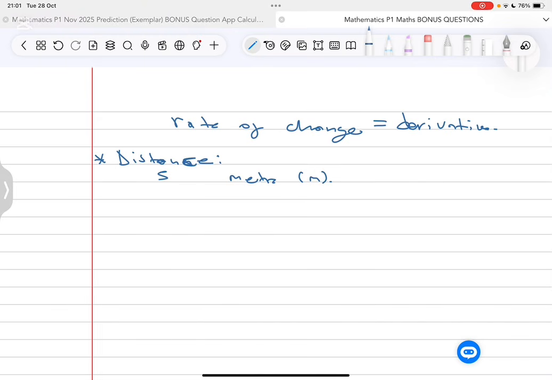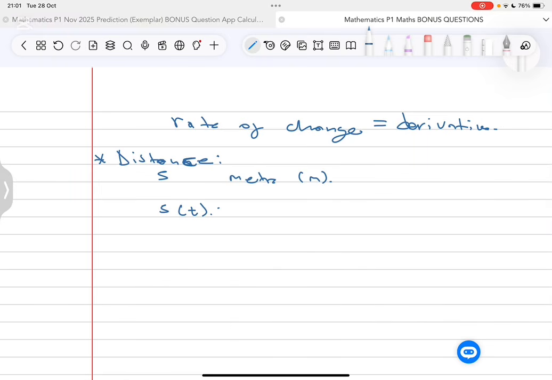Now, it is very important to understand that distance can change with respect to time. In other words, I can write it as a function of time. As the time changes, the distance changes. This is a very simple concept to understand, because, for example, if you are walking, you will cover more distance the more time you spend walking.